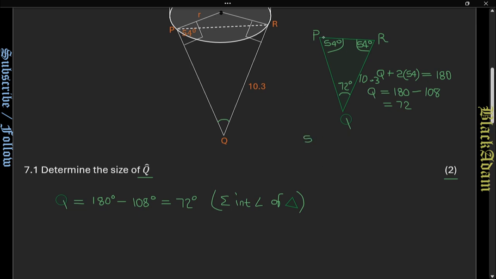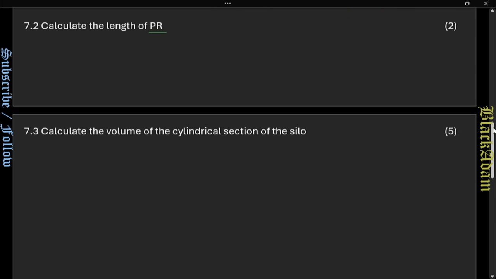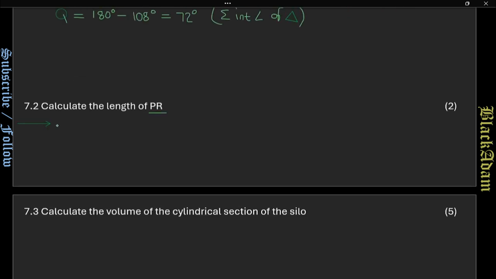So we have sine that over that, equals sine that over PR. So that's sine 72 degrees over PR equals sine 54 degrees over 10.3.